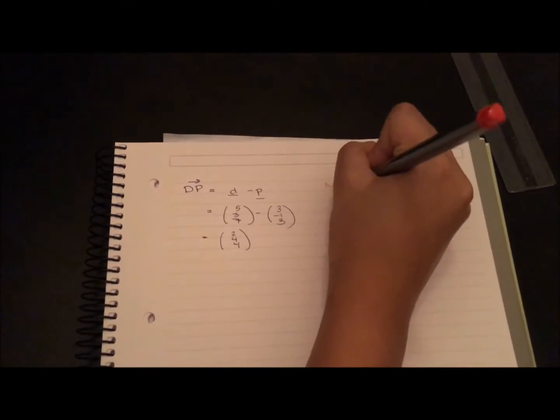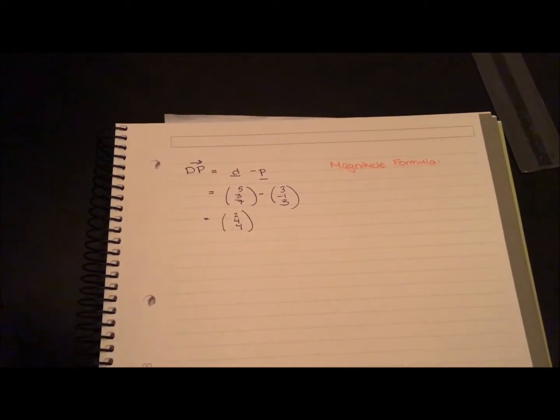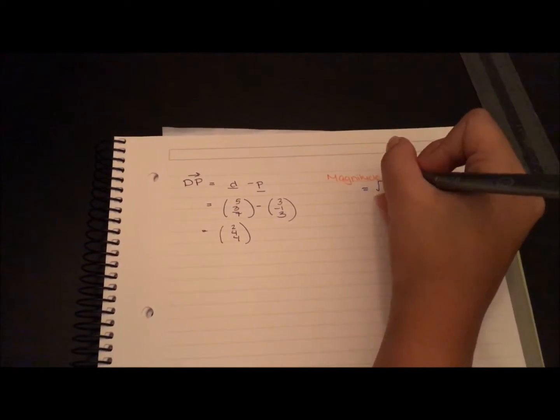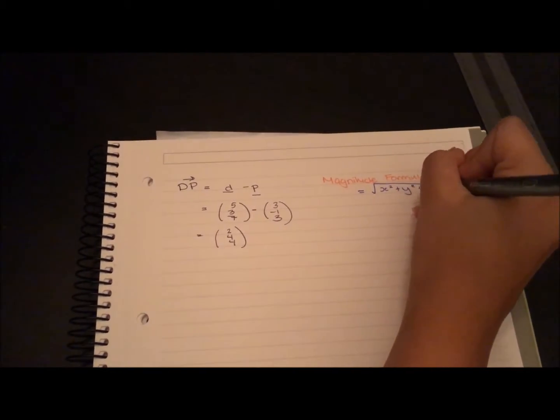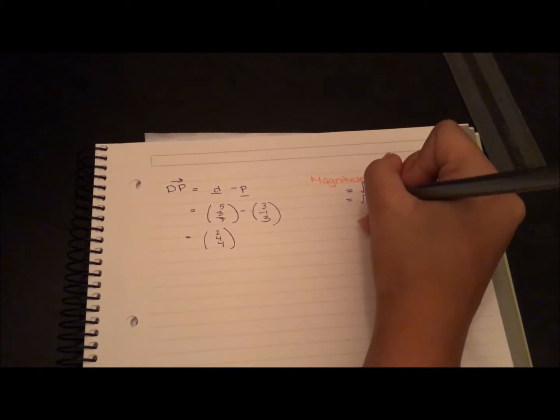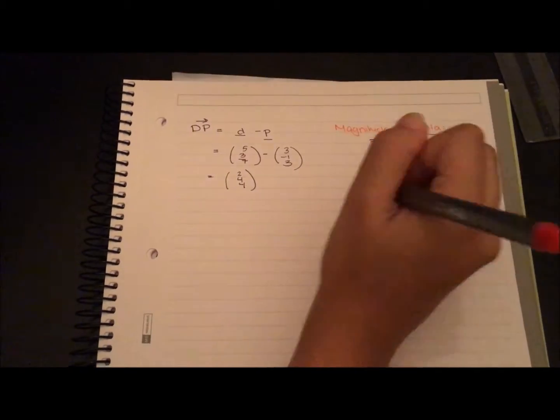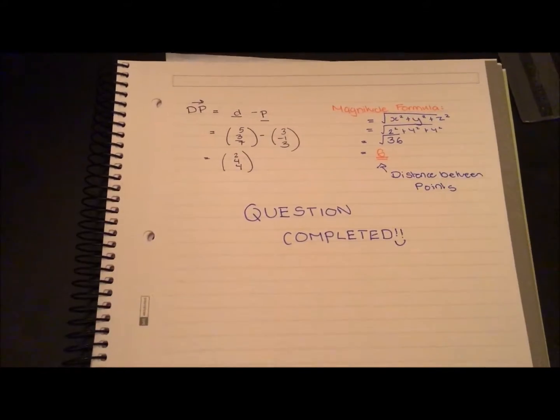This could be substituted in the magnitude equation as a method to attain the distance between these 2 points, where terms x, y, and z is arranged in the form root of x squared plus y squared plus z squared. This would result in root 36, which is a distance of 6. A high-level vectors question completed.